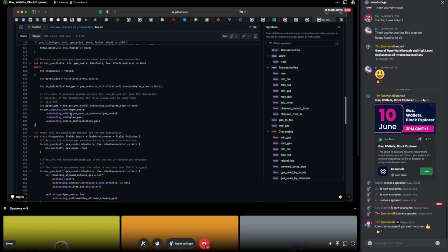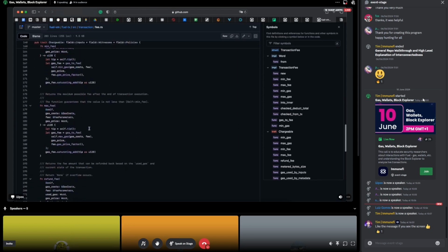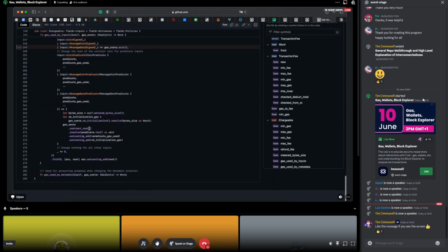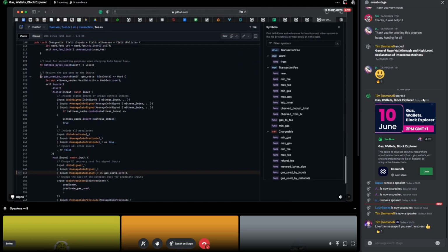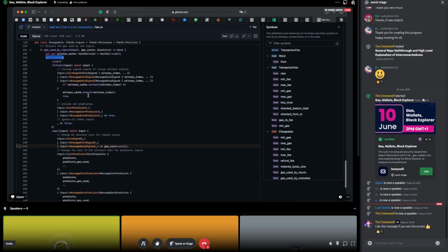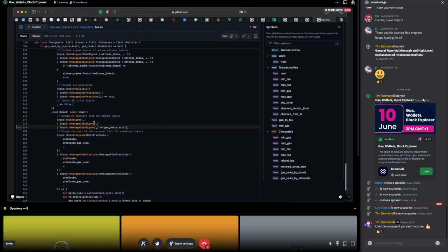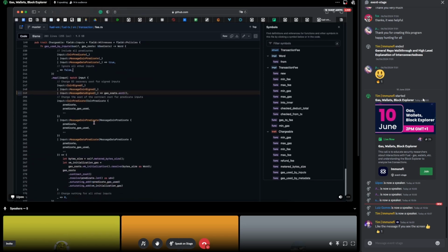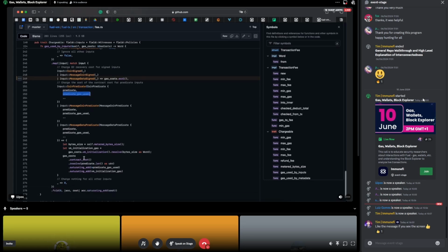And you can see we have gas used by metadata, as I mentioned, gas used by VM, and gas used by inputs. Gas used by inputs is defined here. We just iterate over all inputs, and if you have a coin predicate or message predicate, it means you have a predicate that we need to execute. Then we will charge gas related to predicate execution.